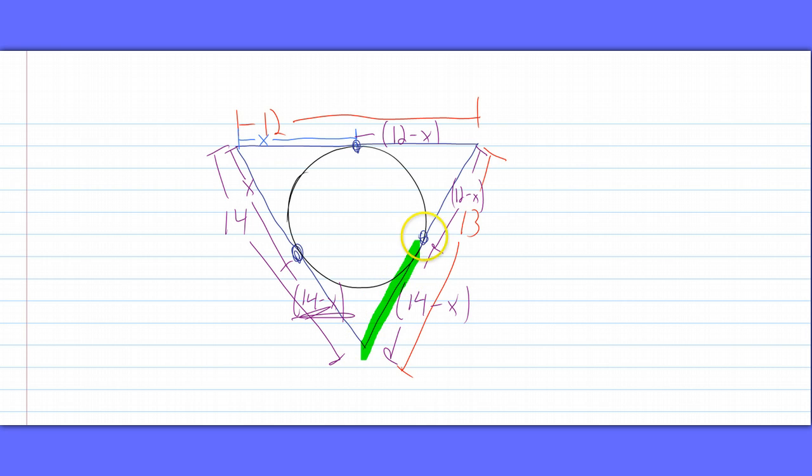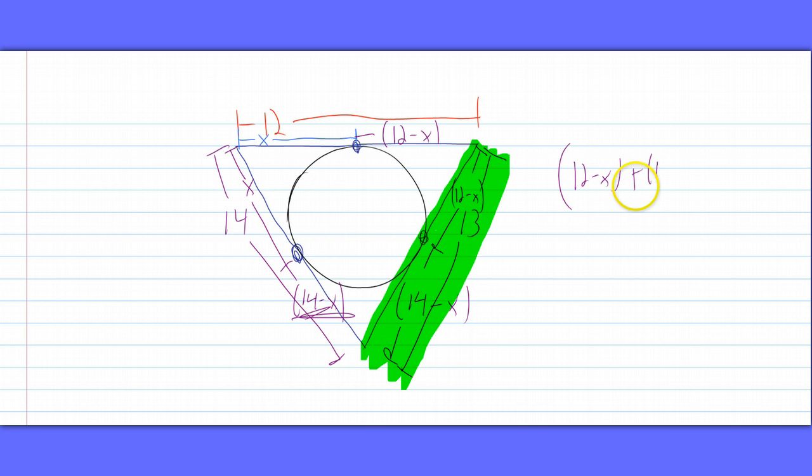The important thing here is that this segment hasn't really been used yet. What we know from the given is that the length of this segment is equal to 13. It's also made up of these two parts that are 12 minus x and 14 minus x. So if we add those together, 12 minus x plus 14 minus x, that's equal to the given length of 13.